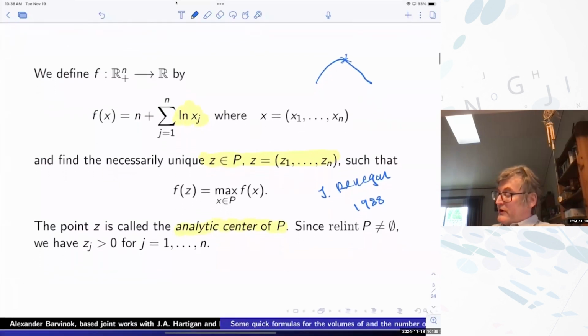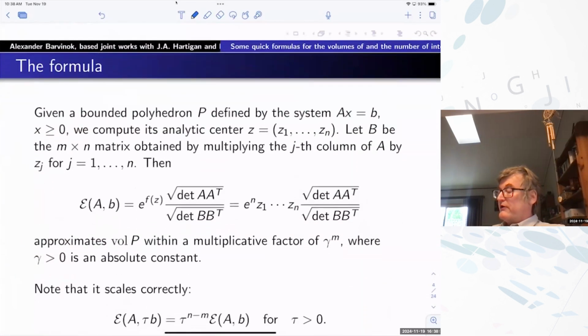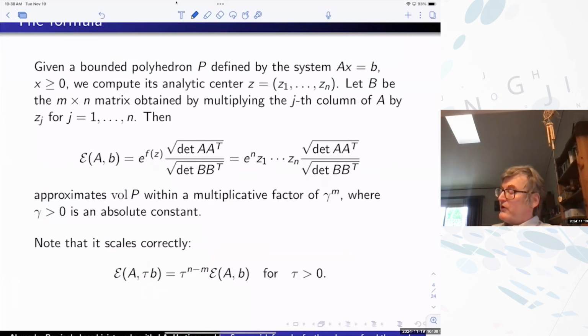And with that point, I can write the formula. Again, we have a bounded polyhedron defined by a system of linear equations and coordinate inequalities. It's the intersection of an affine subspace and the non-negative orthant. Somewhere inside, there is this point.